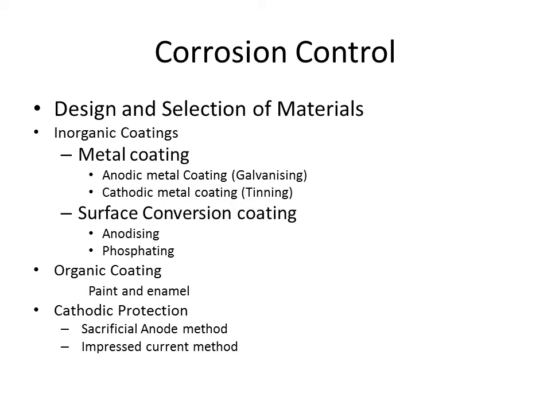We'll discuss about these in the upcoming slides. In addition to all these different methods of corrosion control, we have one more very important one, that is cathodic protection. In this cathodic protection, again we are having two different methods. One is sacrificial anode method and another one is impressed current method.